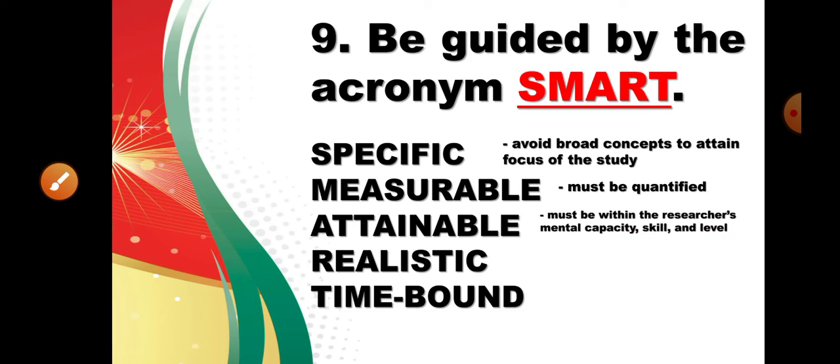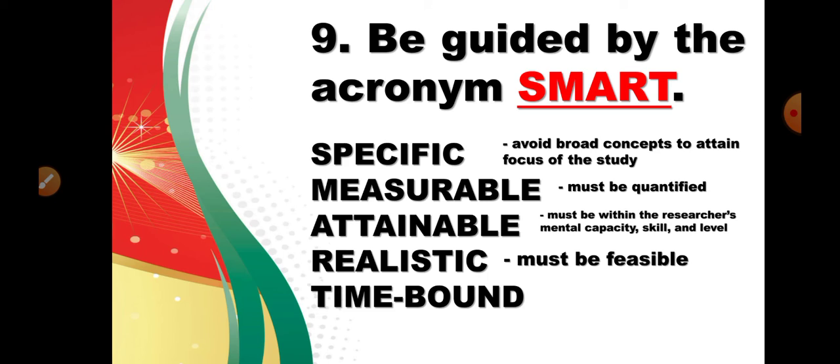Next, the objectives are said to be realistic if they are feasible. The objectives are realistic if you can really attain such objective. It must be feasible. It can be done. So you do not choose objectives that cannot be performed or cannot be attained.